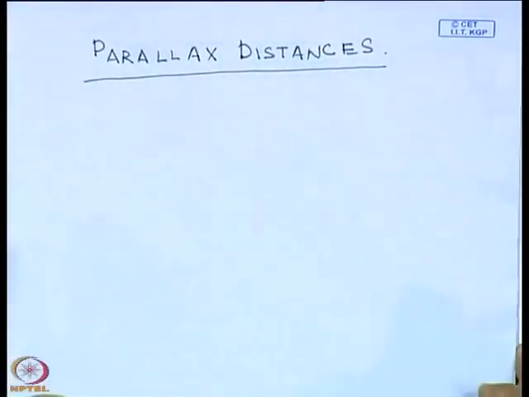We are quite familiar with the phenomenon of parallax. When we look at an object, its angular position changes when we move, and if you look at two objects at different distances, then the change in the angle is more for the closer object, it is less for the further object.